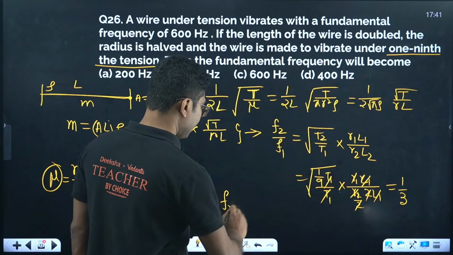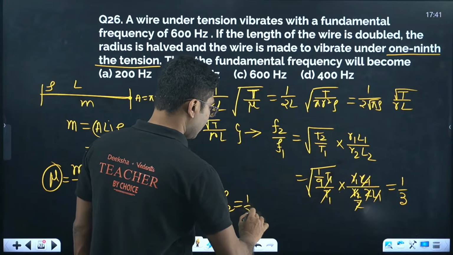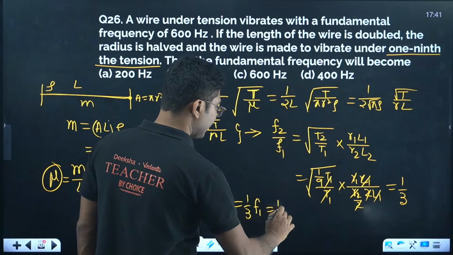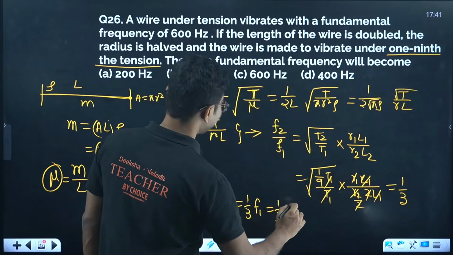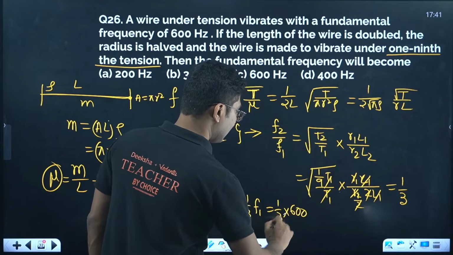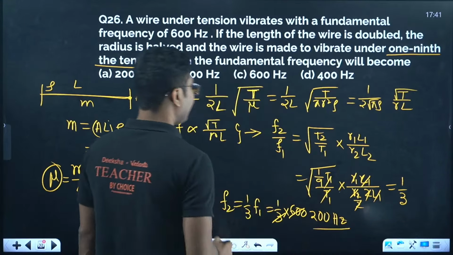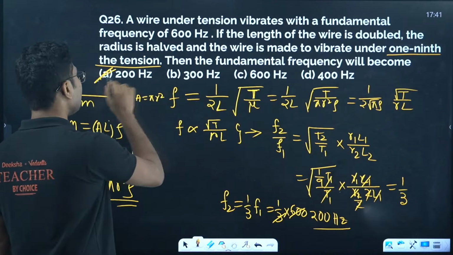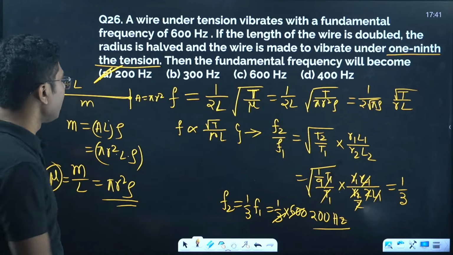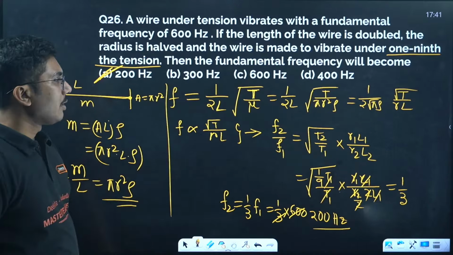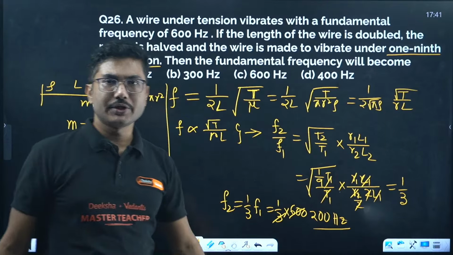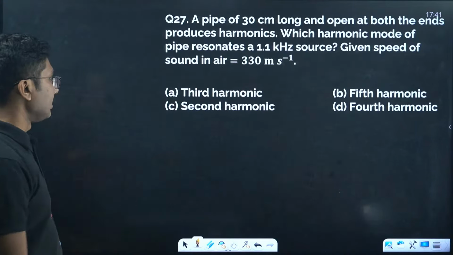So frequency 2 will be 1/3 of frequency 1, that is 1/3 of 600, that is 200 Hertz. Now many of you find this question a little difficult because maybe you have not solved a lot of questions, but if you start solving these questions, it will come to you naturally.